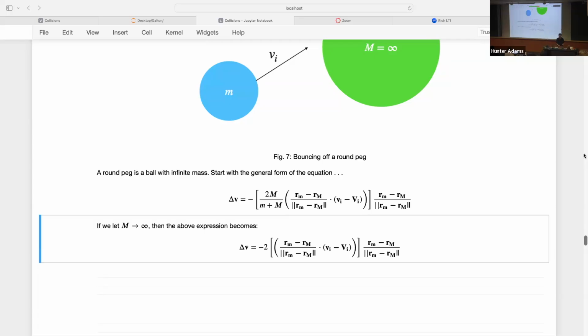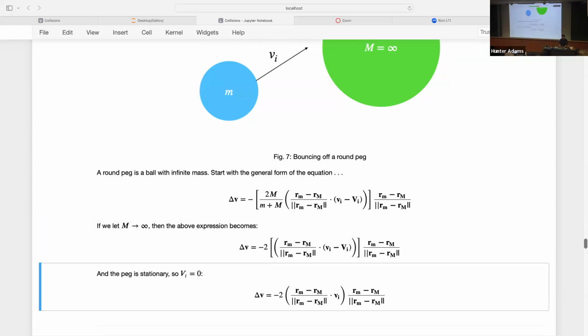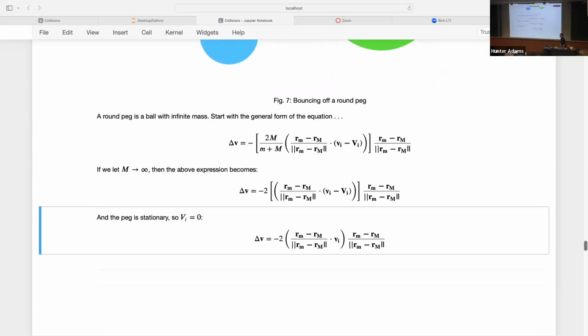It simplifies even a little bit further, though, because, of course, the peg is stationary. So V_i is 0. What this reduces to is the unit vector from center of peg to center of ball, dotted with the initial velocity of the ball. What this is asking is, please tell me the component of the ball's initial velocity that is in the direction pointed straight towards the center of the peg, because that's the direction that the force is acting.